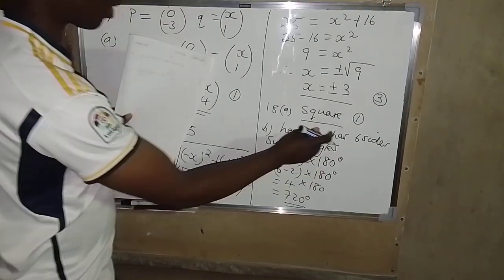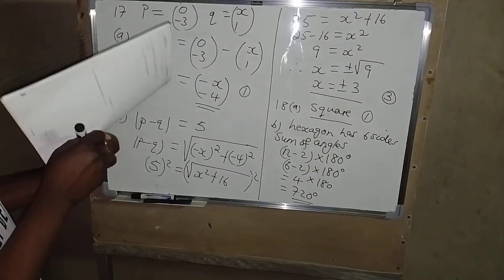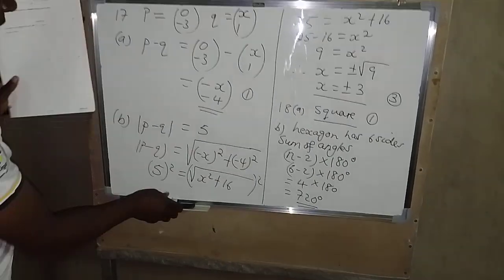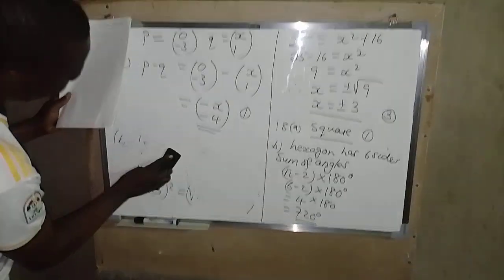So the sum of angles of a hexagon is 720 degrees. Now we add all those angles we are given, we equate them to 720 degrees to find the value of x.